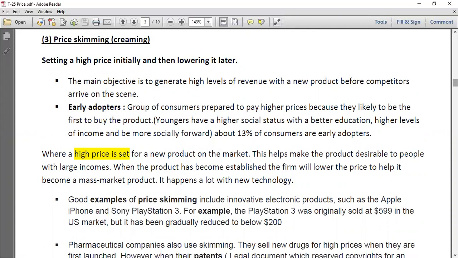So what is the main reason we are doing it? Because the main objective is to generate a high level of revenue from the product initially, before competitors arrive on the scene and enter the market. Sometimes it can be justified if you want to charge a high price because you want to cover your research and development costs. For example, products like Samsung and Apple always have high research and development costs.